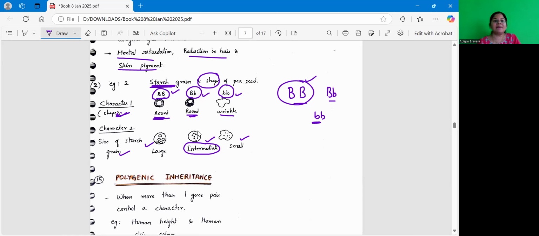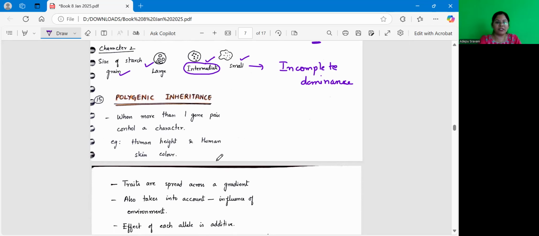So this is incomplete dominance. So we can say a single gene, that is gene B, is showing us two types of dominance here. Law of dominance with respect to shape of the seed and law of incomplete dominance with respect to the size of the starch grain. Yeah? So these are the two examples for your pleiotropy.